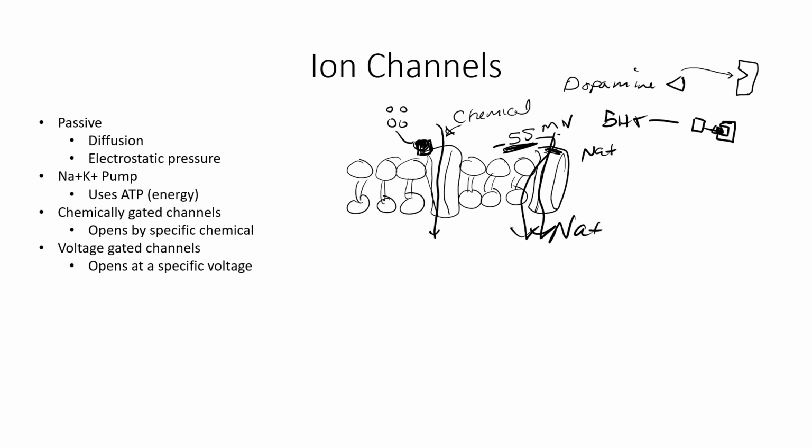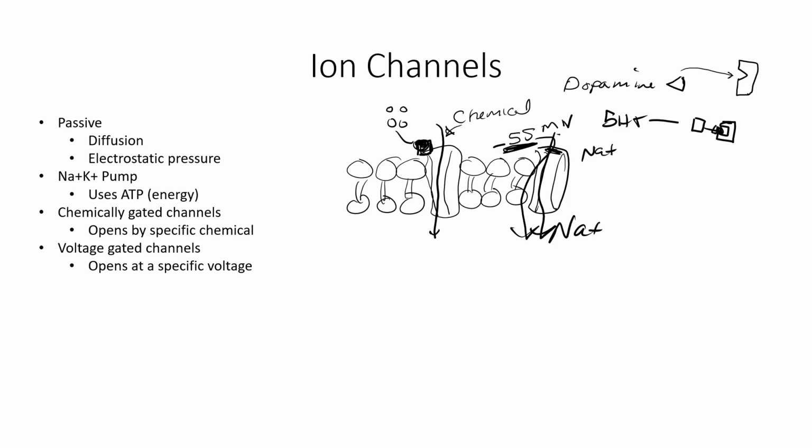So the types of ion channels we're looking at are these passive channels. We have our sodium-potassium pump that moves sodium and potassium in and out of the cell. We have chemically gated channels, where a neurotransmitter or hormone or some other chemical is present and causes a channel to open, and they only open in the presence of the particular chemical they are related to.